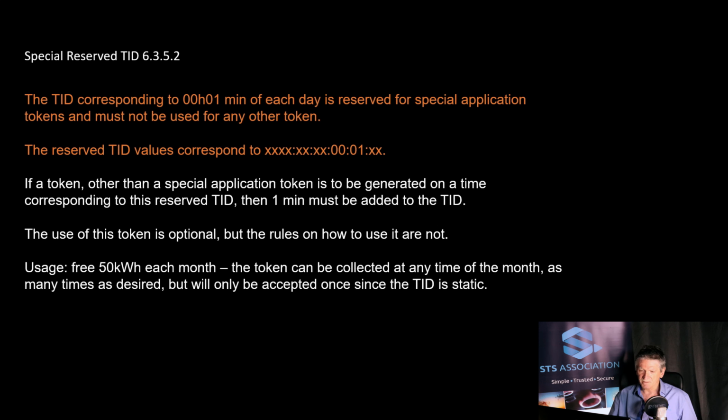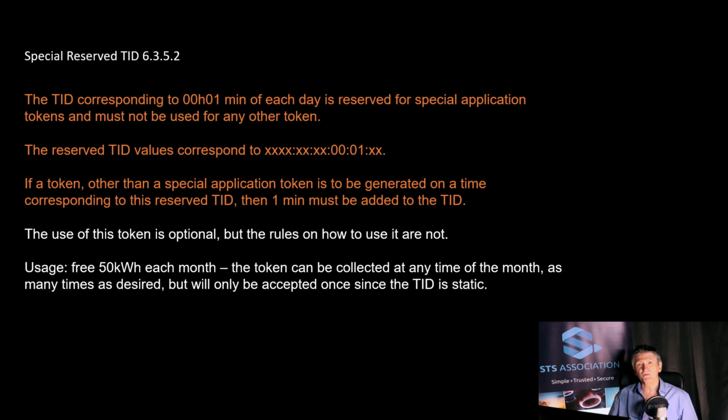The seconds don't matter. If a token other than a special application token is to be generated on a time corresponding to this reserved TID, in other words 1 minute after midnight, then 1 minute must be added to the TID by the point of sale. So as a normal credit token or management token, you can never generate a token with a TID value with a time value of 1 minute after midnight. Your point of sale must increment this by 1 minute on its own.